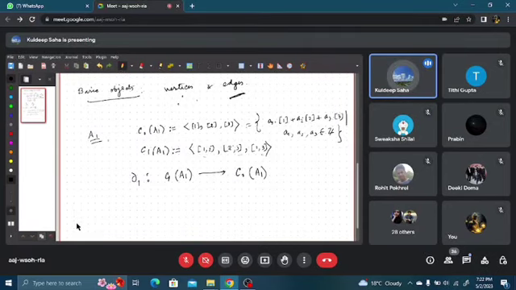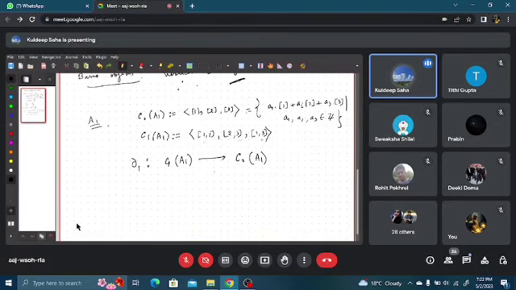So I will define a map from this group to this group. Note that C1 of A1 is generated by the edges, so the edges are the generators. So if I can define it over any arbitrary edge, for example, any arbitrary edge I can write as [i, j], correct?